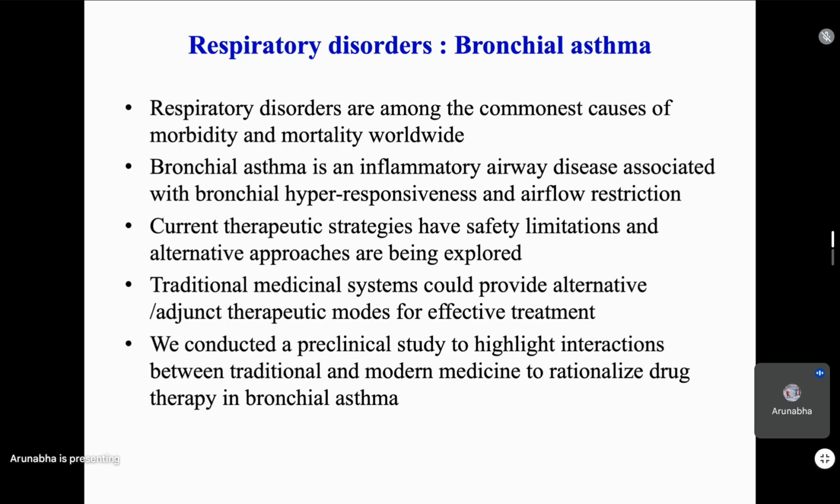Current therapeutic strategies have safety limitations, and hence alternative approaches are being explored. Traditional medicinal systems could provide alternative or adjunct therapeutic modes because not only are they cost effective, but they also have fewer adverse effects.